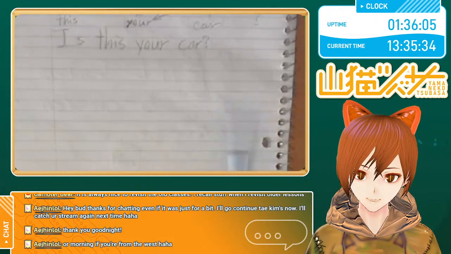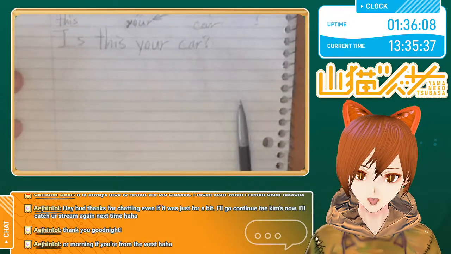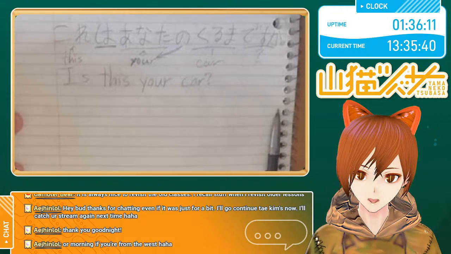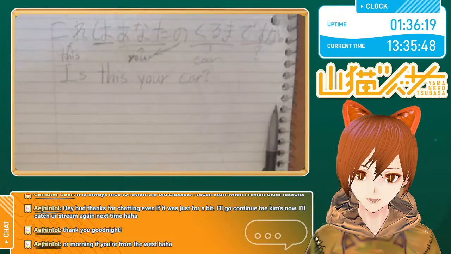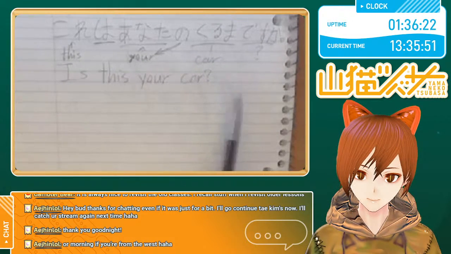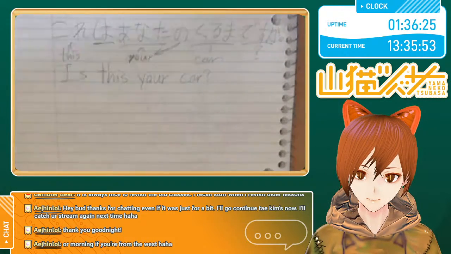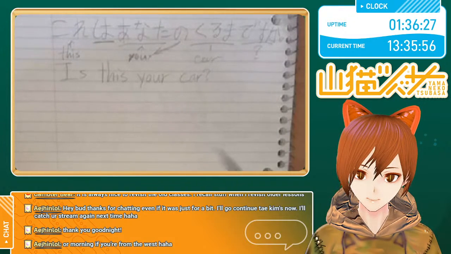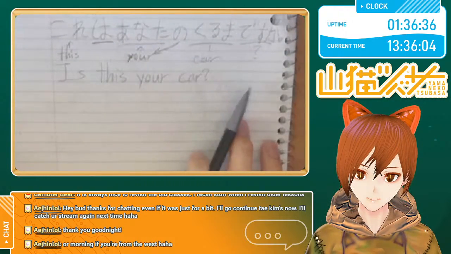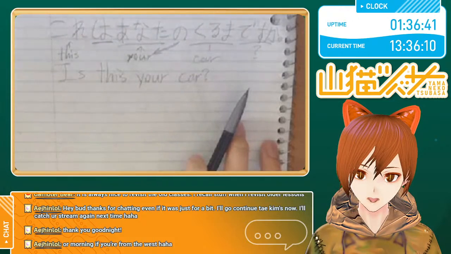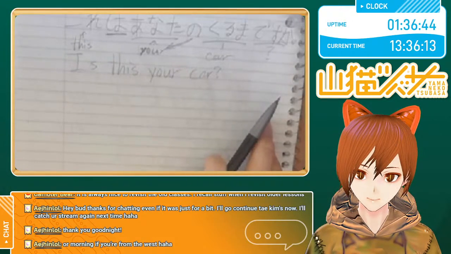But essentially, it's the hierarchy order for これ、それ、あれ、どれ, not really どれ. これ、それ、あれ is always going to be from the perspective of the listener or the speaker. So if the object you're referring to is close to the speaker, you'll say これ or この. If the object is not close to the speaker, but is close to the listener, you say それ. If the object is not close to the speaker and also not close to the listener, you'll say あれ.